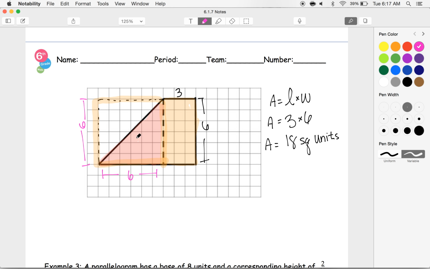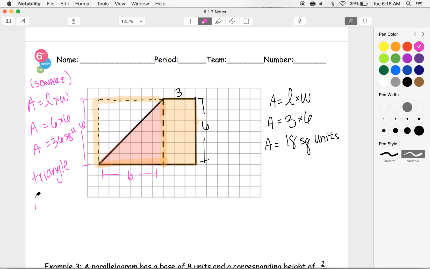So I know that the area of my square is length times width, and this is for the square. So area equals 6 times 6. Area equals 36 square units. But again, this is for the square. I want it for the triangle.